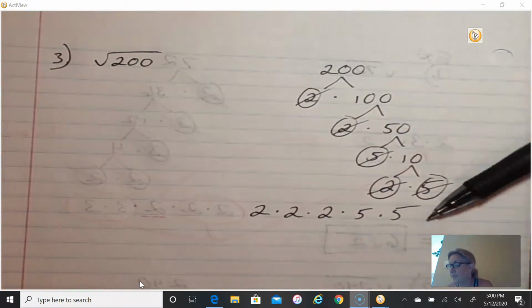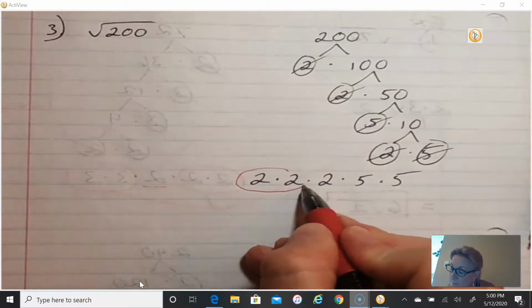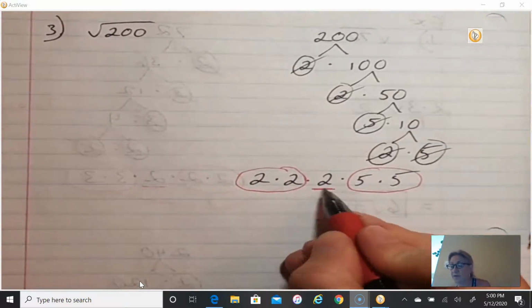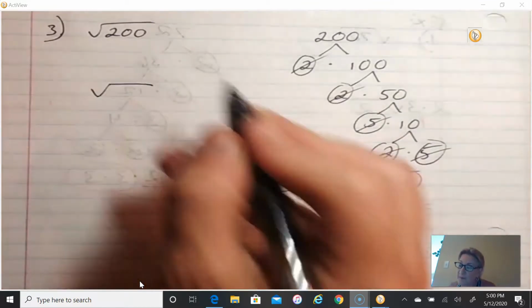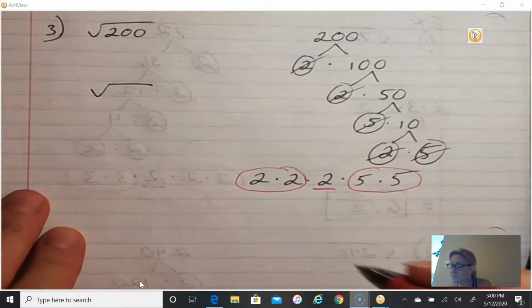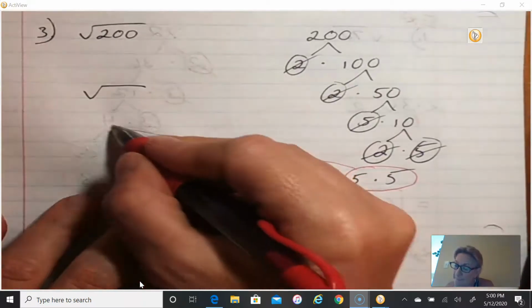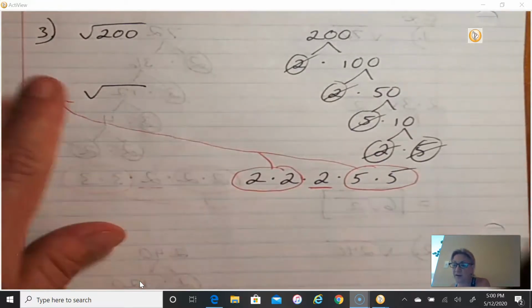All right, circle your groups. That's step 2. There you go. And I only have 1 left over this time. There's my radical. So one from each of these pairs goes on the outside.